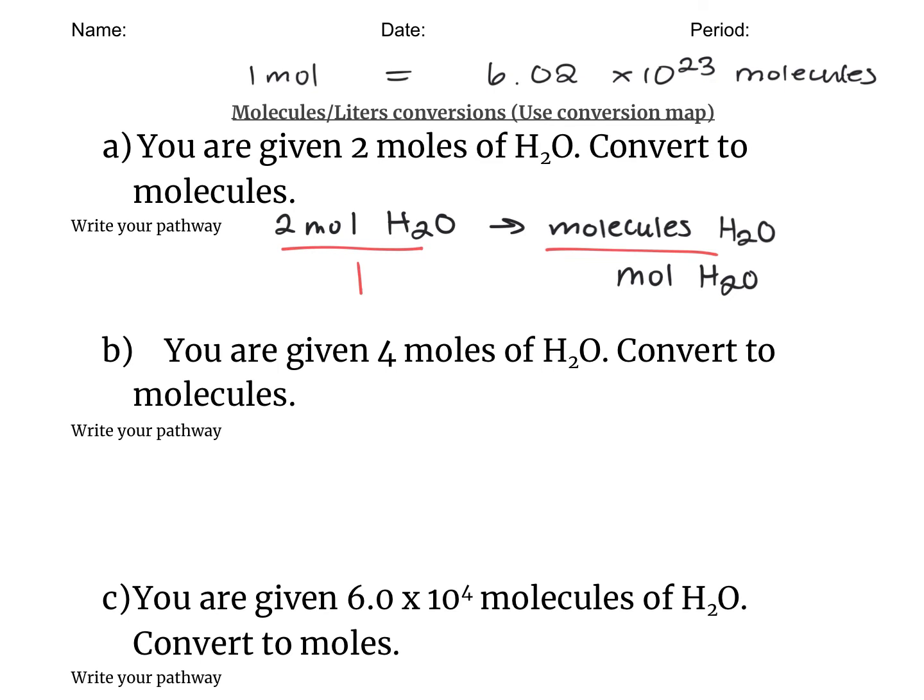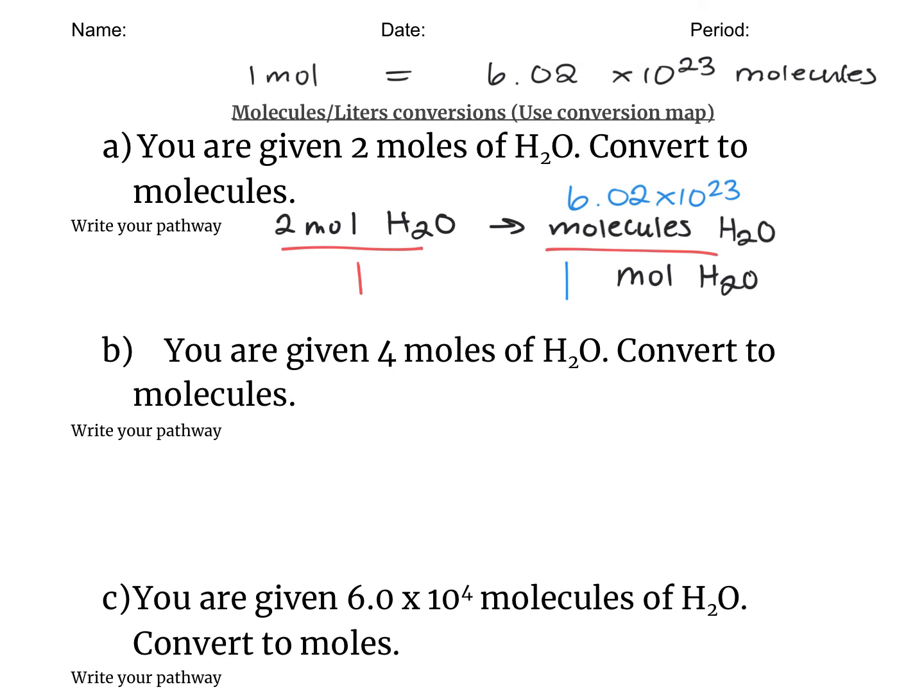So the number 1 always goes with moles, and then 6.02 always goes with molecules. So I'm going to write that out. I have a 1 next to mole, and then 6.02 times 10 to the 23 next to molecules.